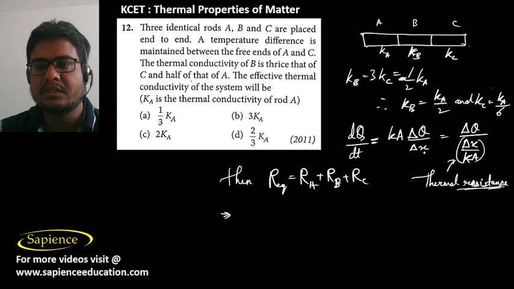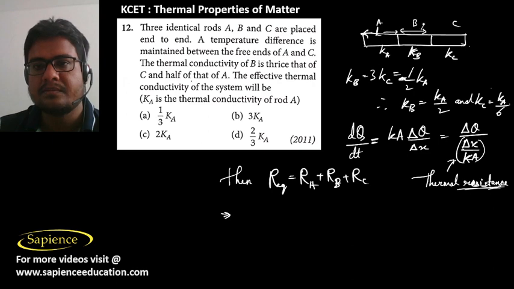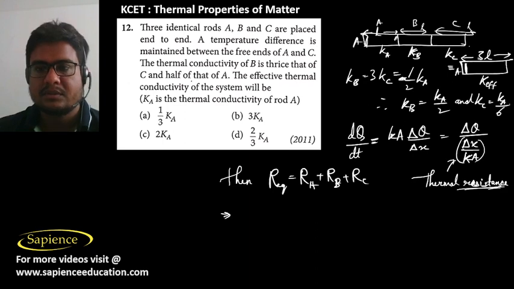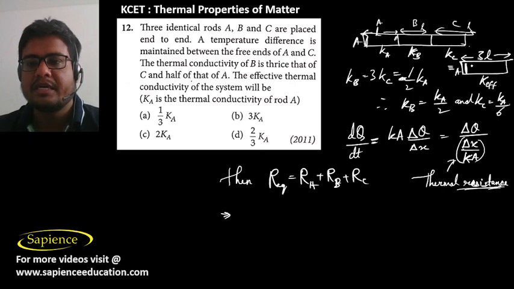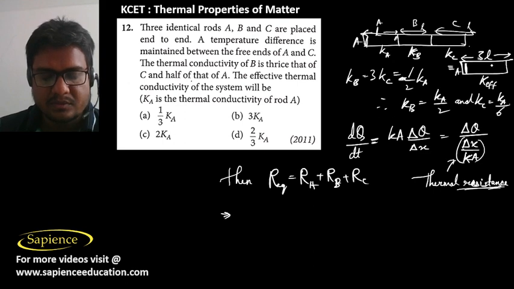Their lengths are also the same, L, L and L, and their areas of cross section are also the same. So this will be equivalent to one single rod whose effective thermal conductivity is K effective, with length 3L and area of cross section A. So this whole system of three identical rods can be replaced by a single rod of length 3L.